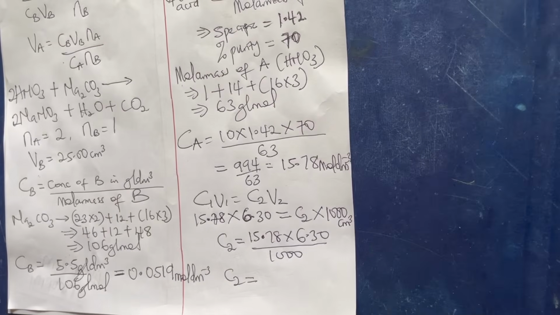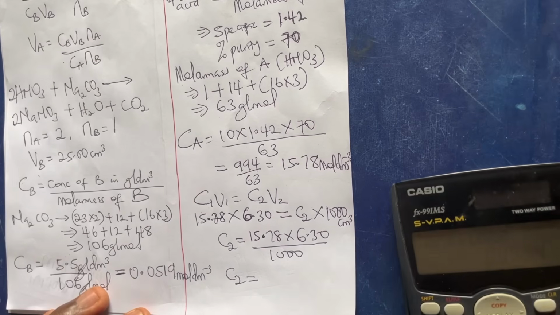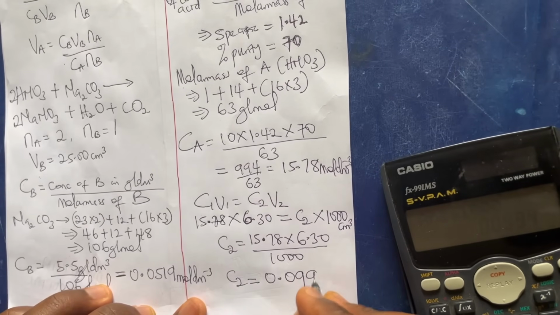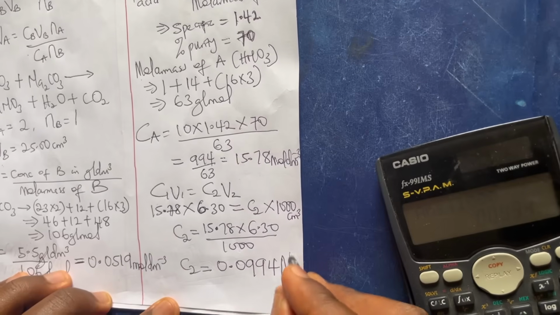Let me press the calculator here: times 6.30 divided by 1000. My C2 will now be 0.0994 molarity, or you call it mole per dm cube.